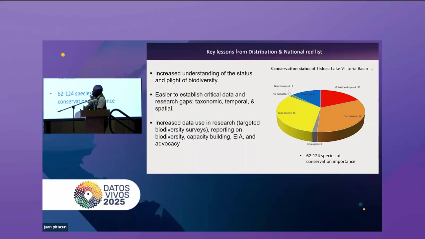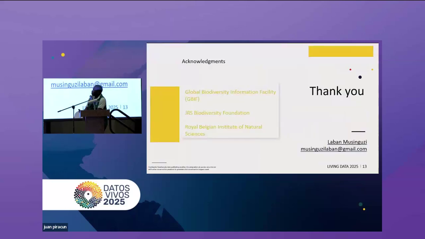You can see that with this information, you have a better understanding of the conservation status. And here what we see is that we have a large number of species, 62 of them which are threatened. And if you count the data deficient species also as threatened, you see that the challenge is big.